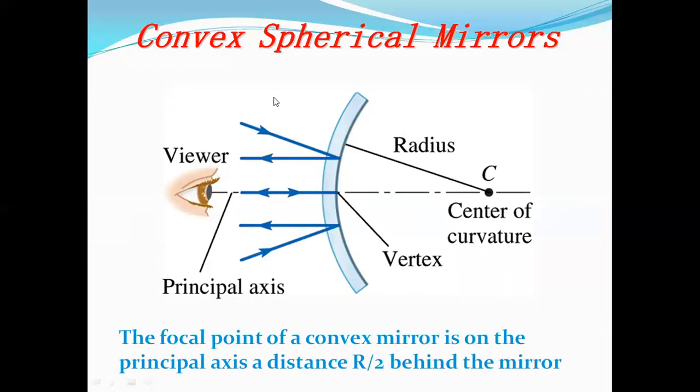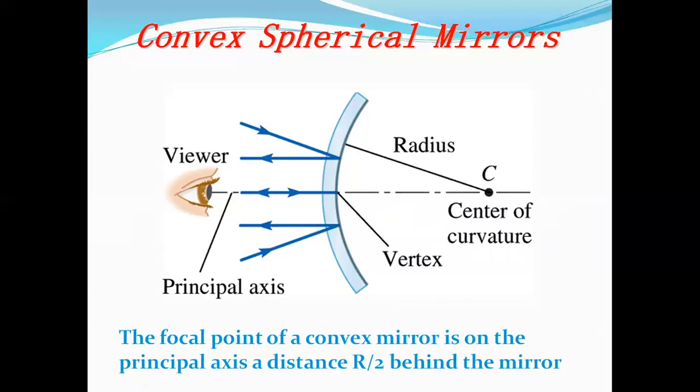Now I discuss spherical mirrors. The definition of a spherical mirror is a smooth spherical surface that reflects light regularly. If you look at the pictures very carefully, you know that this is a convex spherical mirror.